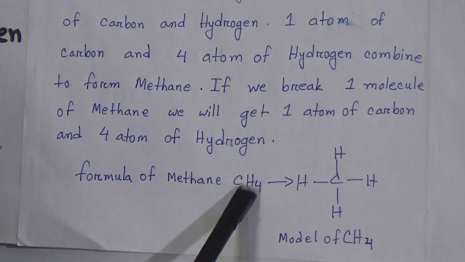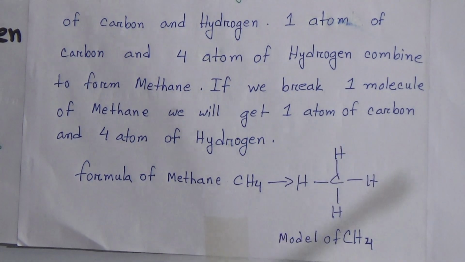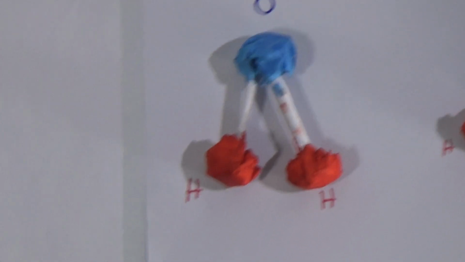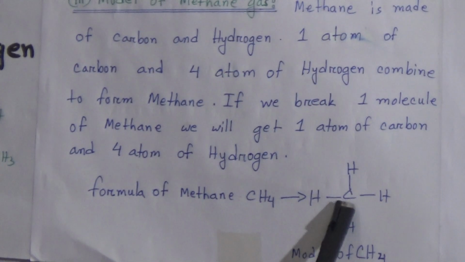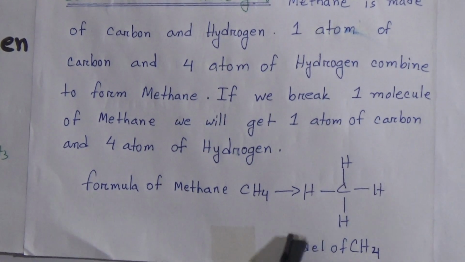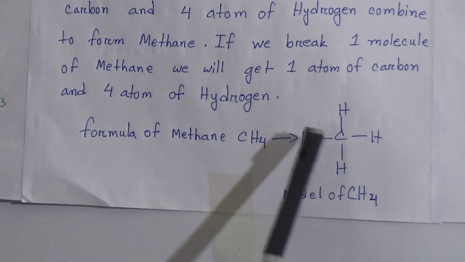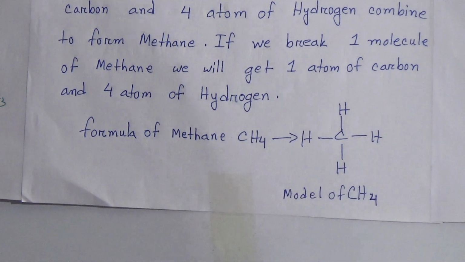The formula of methane is CH4. I didn't make a methane model here; you will do it by yourself. Put carbon in the middle of the model and 4 hydrogen joined with this one carbon atom.